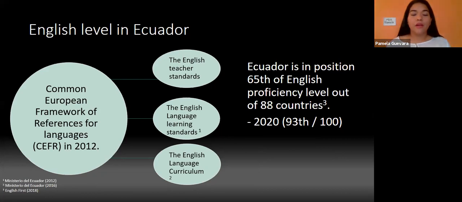So we know and we have read the news that there are some problems or some setbacks in English language learning, acquisition, and teaching. For this reason, we have to consider the English teacher standards, the Common European Framework of Reference for Languages, and English language learning standards, and the English language curriculum.